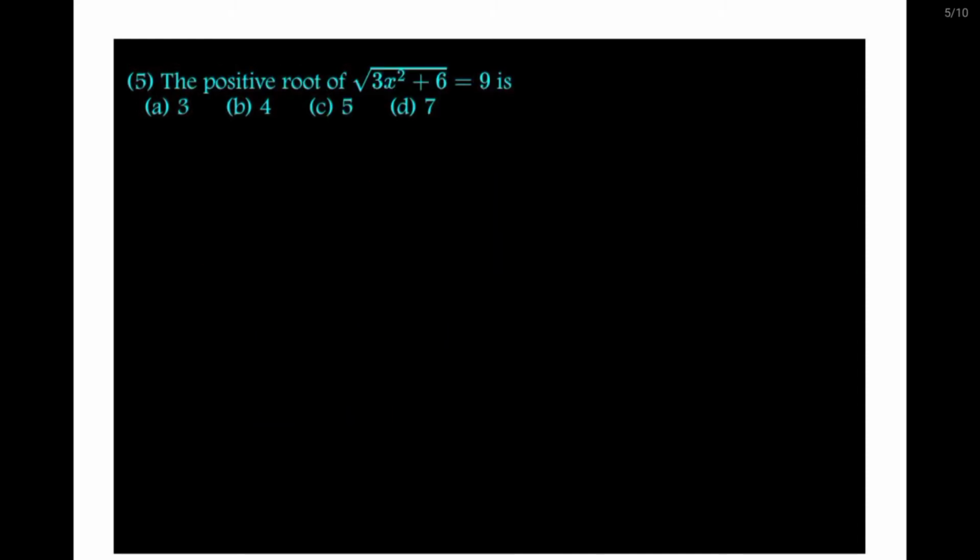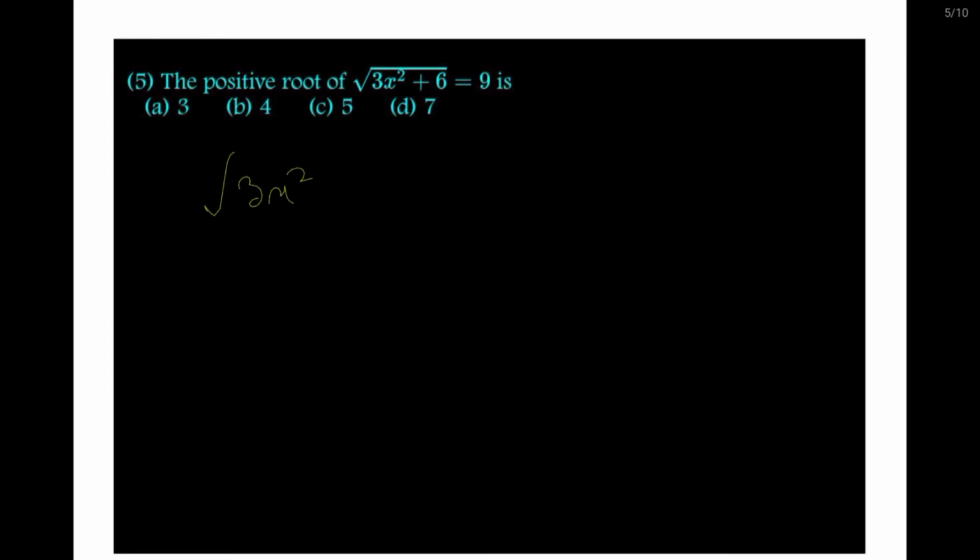The positive root of square root of 3x square plus 6 is equal to 9. Let's find the root of this quadratic equation. So quadratic equation, that means we will have two roots and we will have to choose the positive one for answering this question. So let's find it.